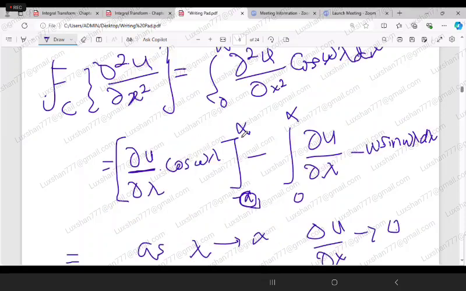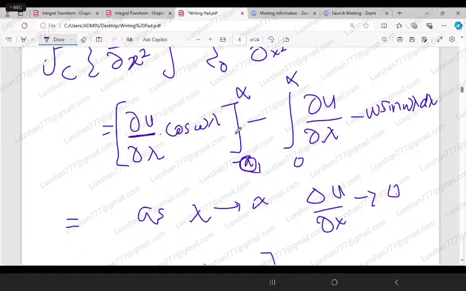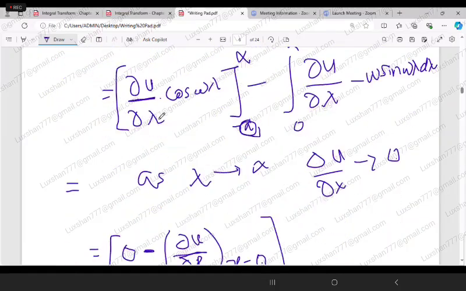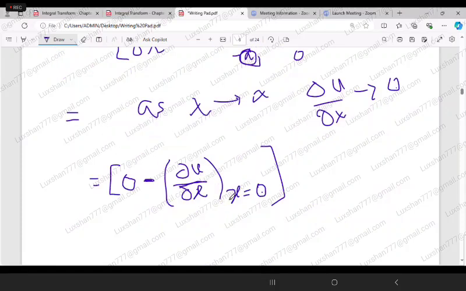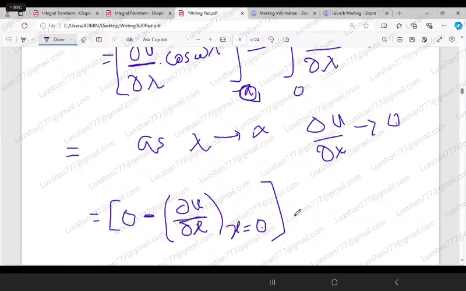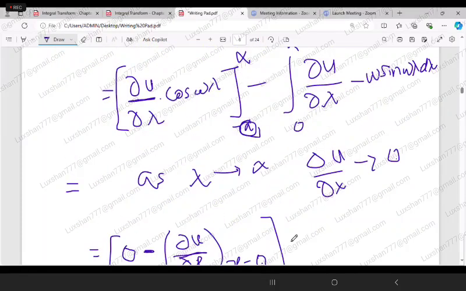Okay, because as lambda tends to infinity, this becomes 0. As lambda tends to 0, cos lambda is 1. Therefore, this becomes ∂u/∂x when x equals 0, minus, you can take minus omega out.